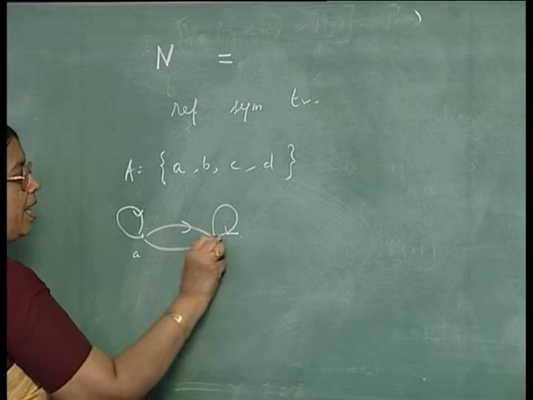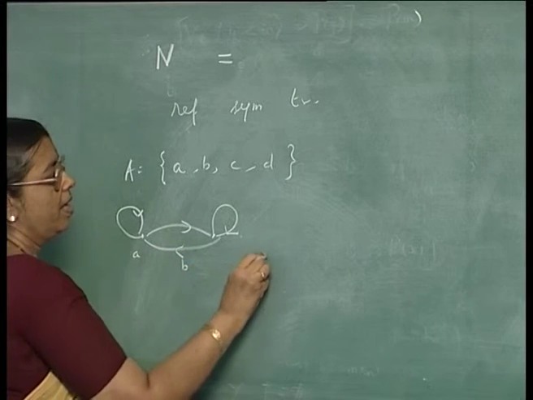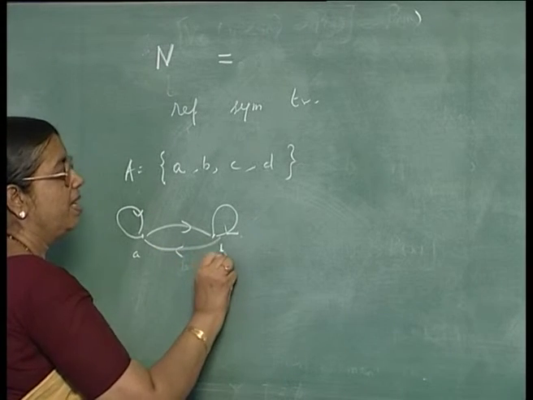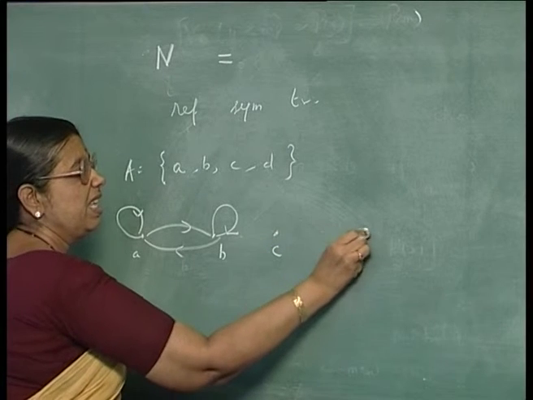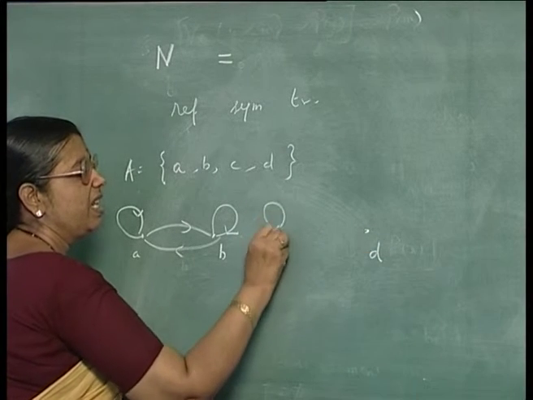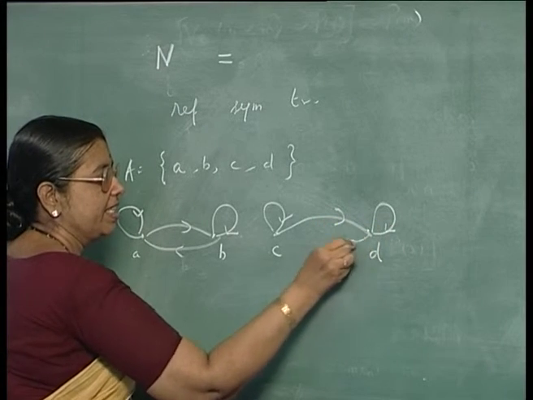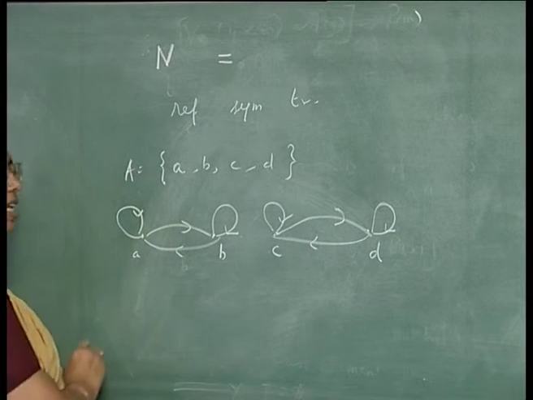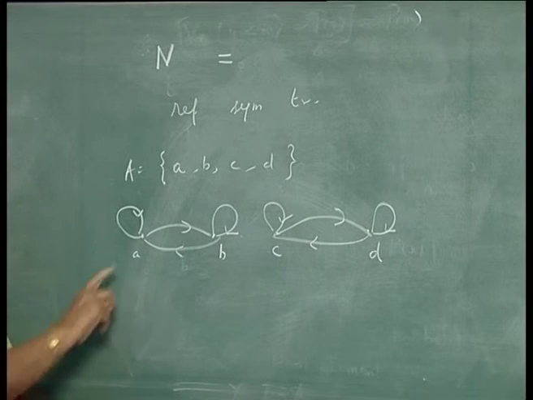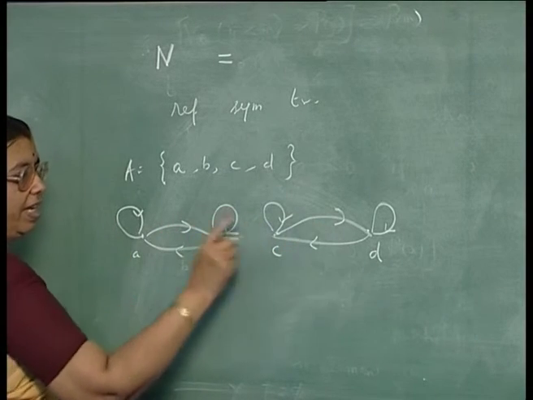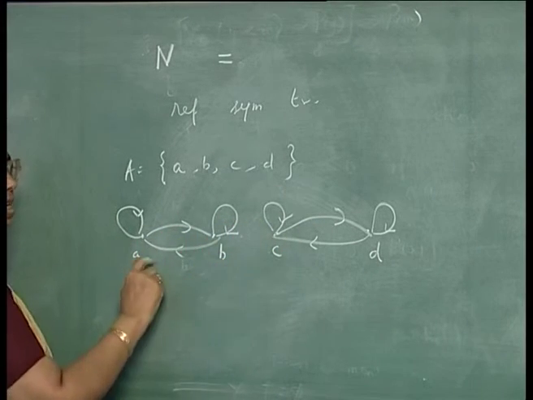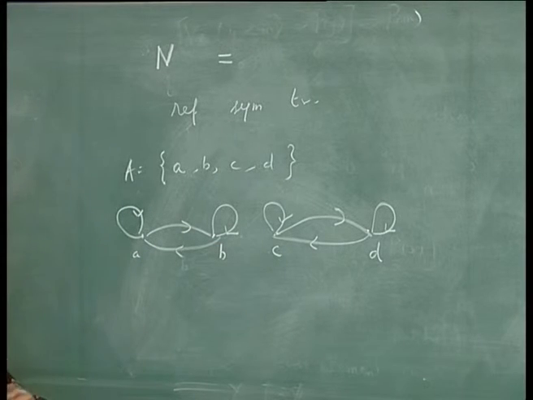Now, consider a set, say A = {a, b, c, d}, and say that the relation is represented by the digraph like this. This is an equivalence relation. It is reflexive, it is symmetric, it is transitive. If these three conditions are satisfied, then the relation is called an equivalence relation.